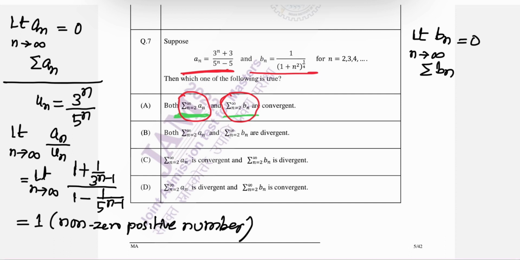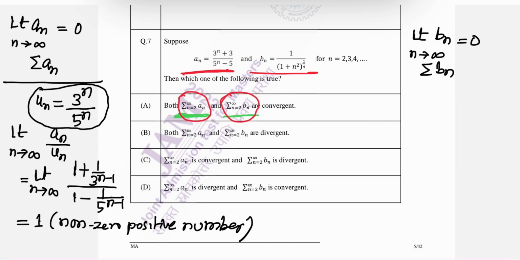So if you observe un, this is nothing but the terms of a geometric series whose common ratio is 3 by 5 and the first term is 9 by 25. So any geometric series with common ratio less than 1 is convergent.